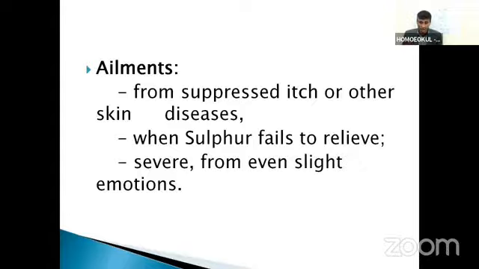Very, very important. Aloes. One line is there: eruptions appear each year as winter approaches. This is the third line of Aloes. We think Aloes is only for piles. Got it?